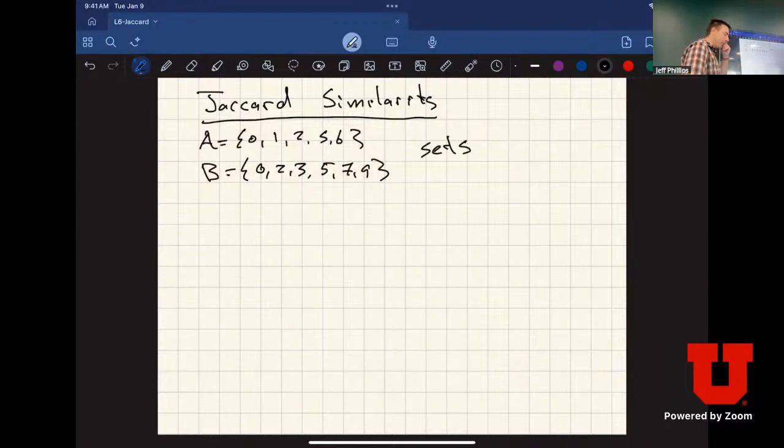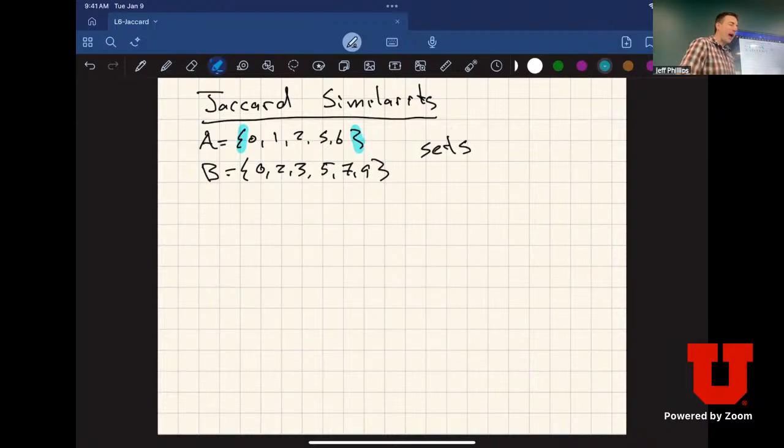If you've taken a discrete math course, you describe sets with these curly brackets, and items separated by a comma, which means it's a set of these items. I've used just numbers here. These don't mean anything yet. In the next few slides, we'll put some more concrete meaning to them, but we'll just use numbers as placeholders here.